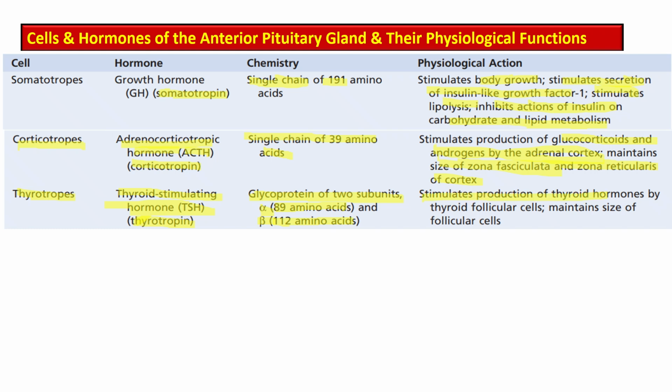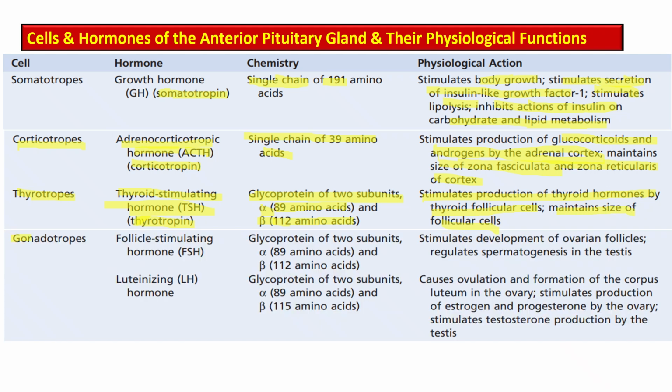They stimulate production of thyroid hormone by thyroid follicular cells and maintain the size of follicular cells. The gonadotropes secrete follicle stimulating hormone FSH and luteinizing hormone LH. The FSH is a glycoprotein of two subunits, the alpha subunit of 89 amino acids and the beta subunit that contains 112 amino acids.